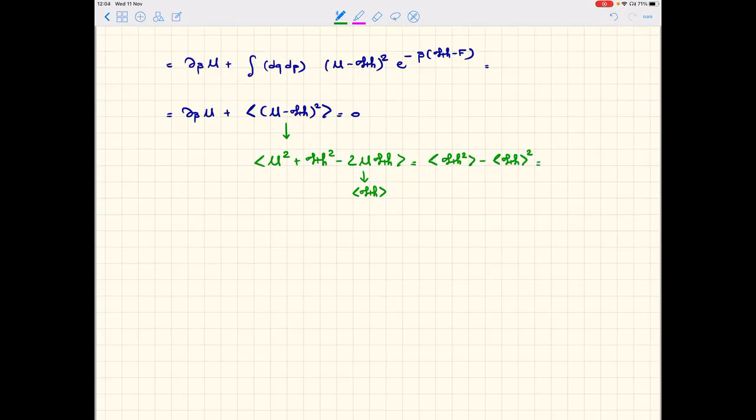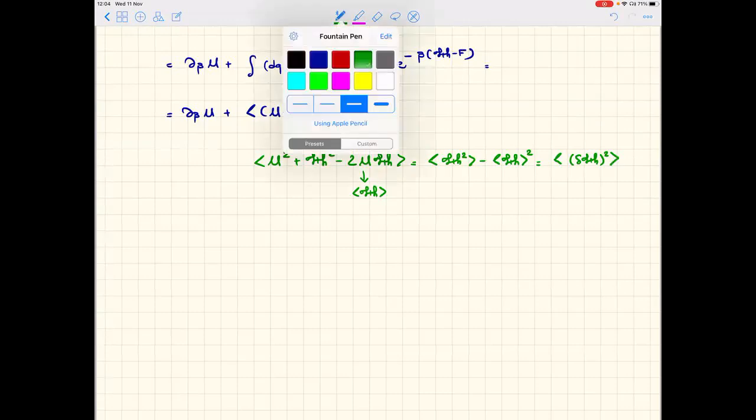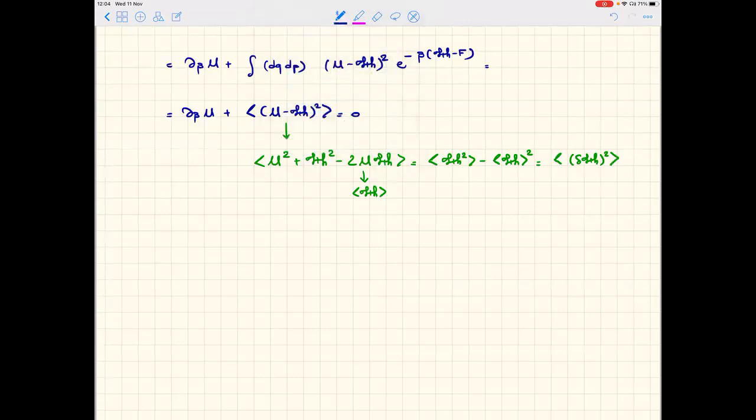In other words, it is the average of the fluctuations. So at the end of the day, what I discover from this formula is that the fluctuations of the energy are equal to minus d beta u.